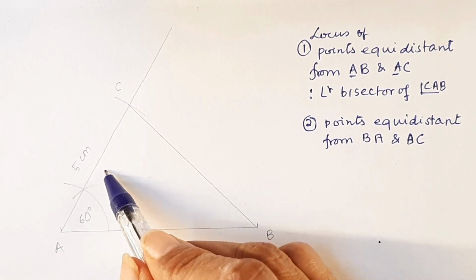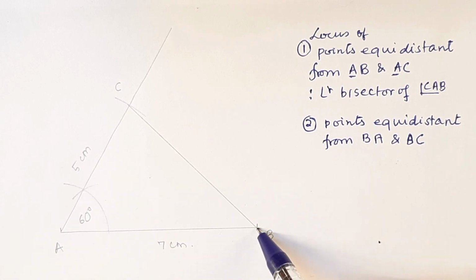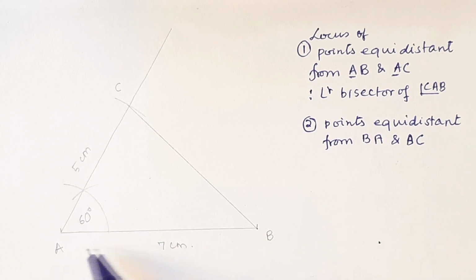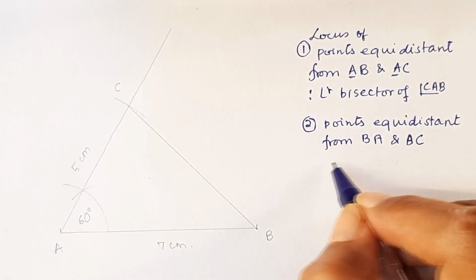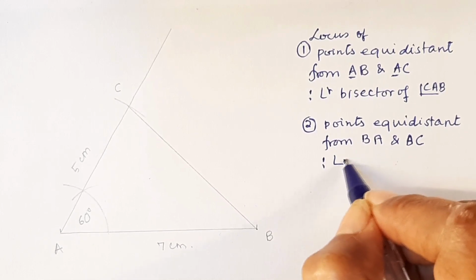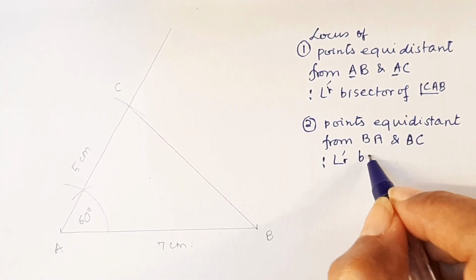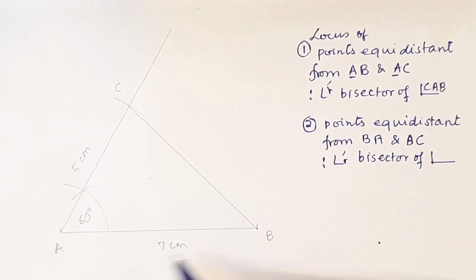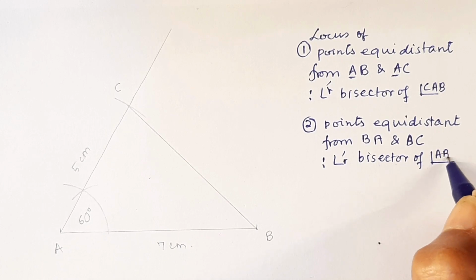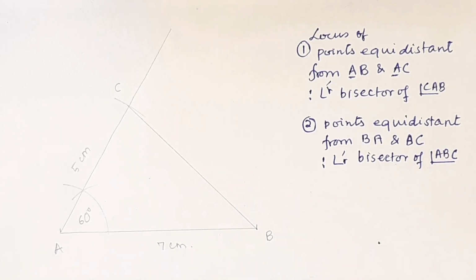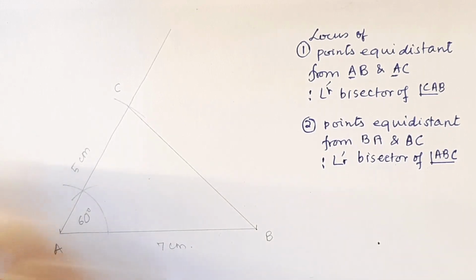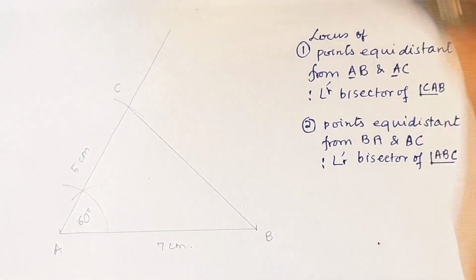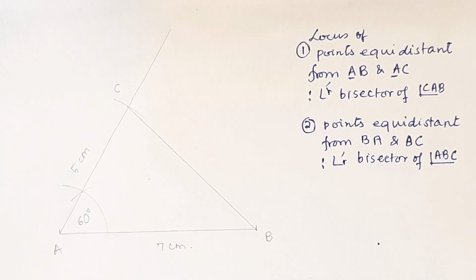That will be again angular bisector, but now it will be angular bisector of angle B, means it will be angular bisector of angle ABC. And that is what we'll have to do. So we will take the compass and we will bisect the two angles. Okay, so let us see how we do that.